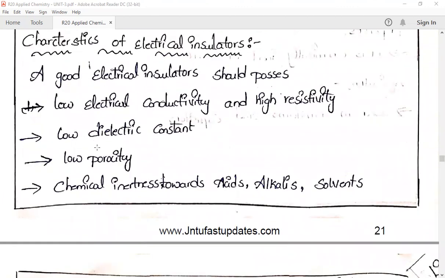The first characteristic is low electrical conductivity and high resistivity.